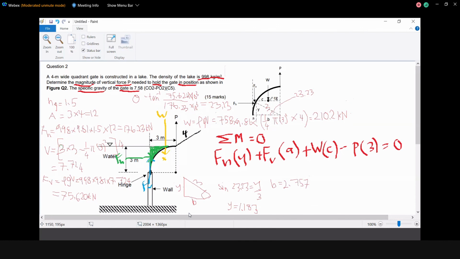C ni adalah part center of gravity. So formula to find the center of gravity for quadrant adalah 4R over 3 pi. Ini memang formula dia. So basically you can start kat sini lah sebab you tak tahu formula for the quadrant punya center of gravity.